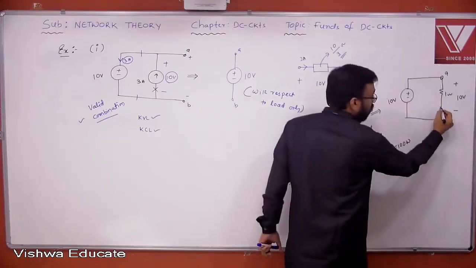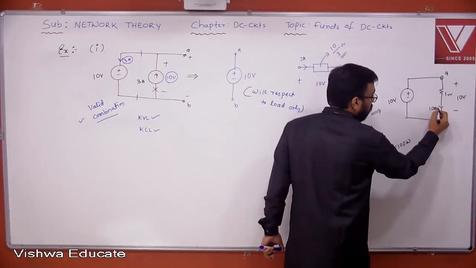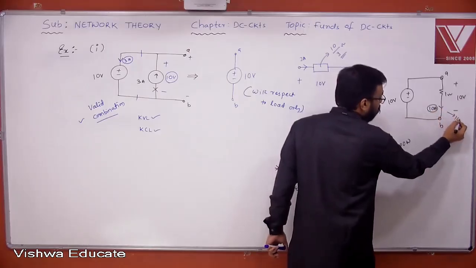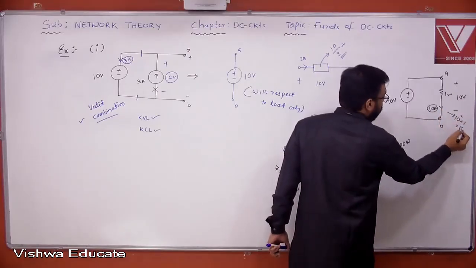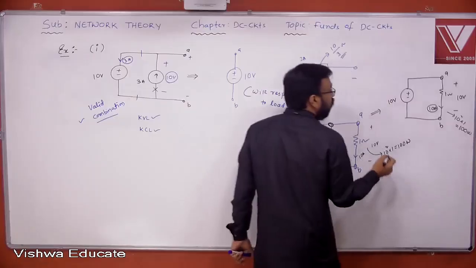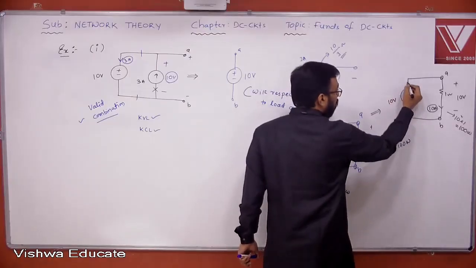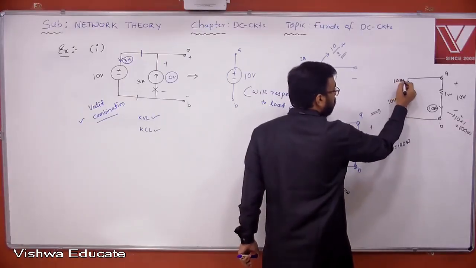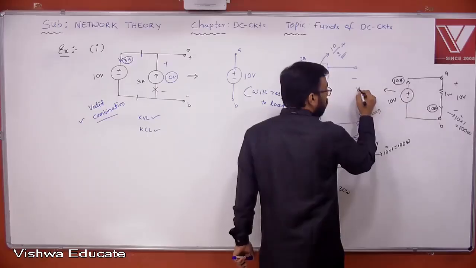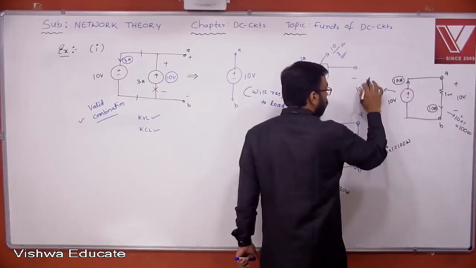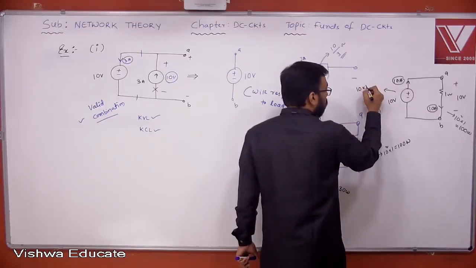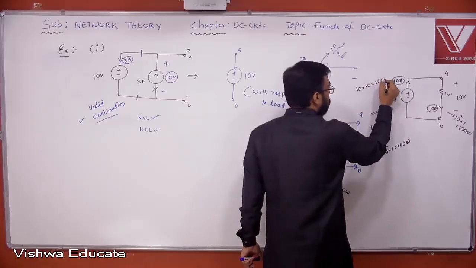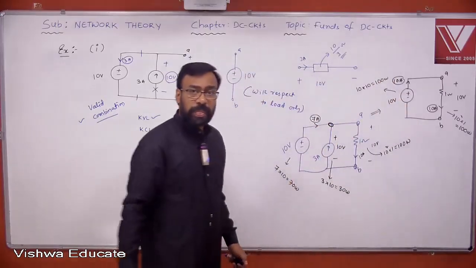And what about this 10 amperes? Now, what is the power actually here? 10 square into 1, 100 watt. But what is happening to this current 10 amperes? Then what is the power here? 10 into 10. This is 100 watt. Just compare these two.